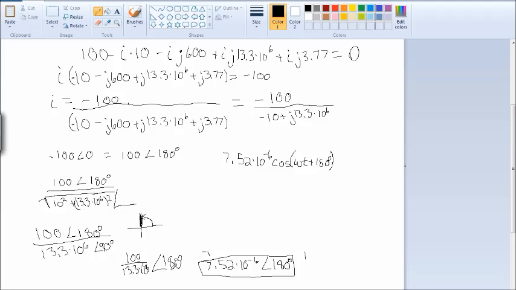So in that case, we're subtracting. Remember, you subtract the angles whenever you divide them. So our final answer will be somewhere around 90 degrees.